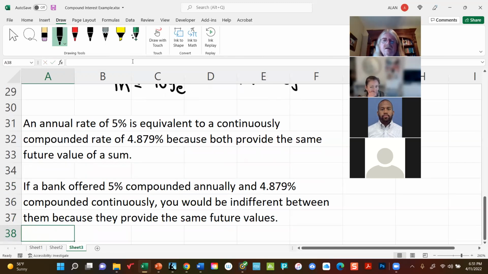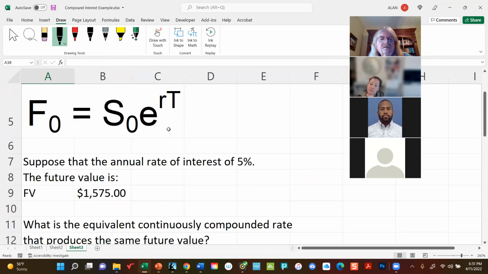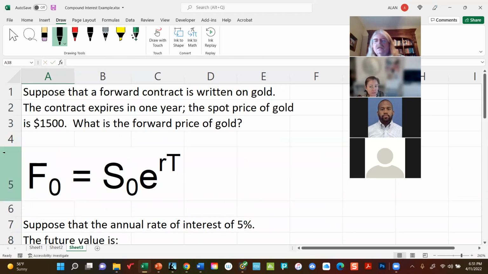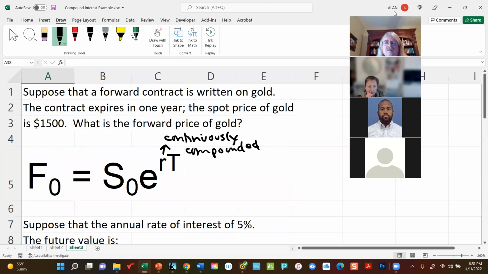So in other words, in this model that we're using, you could use this approach, and this would be the continuously compounded rate, which is what Hull likes to do in his book.